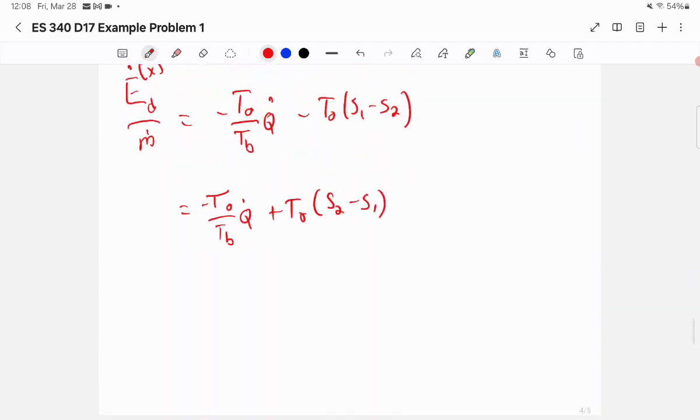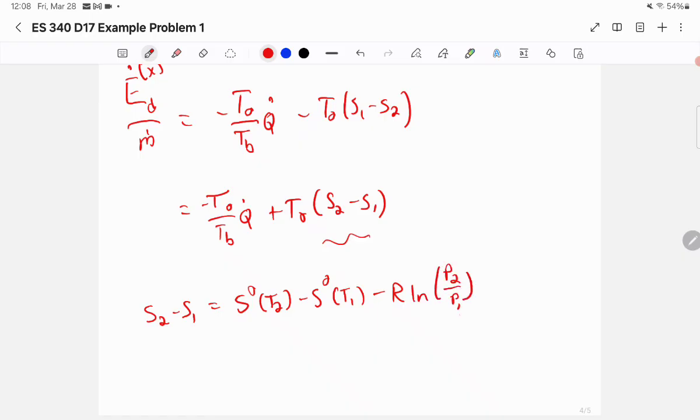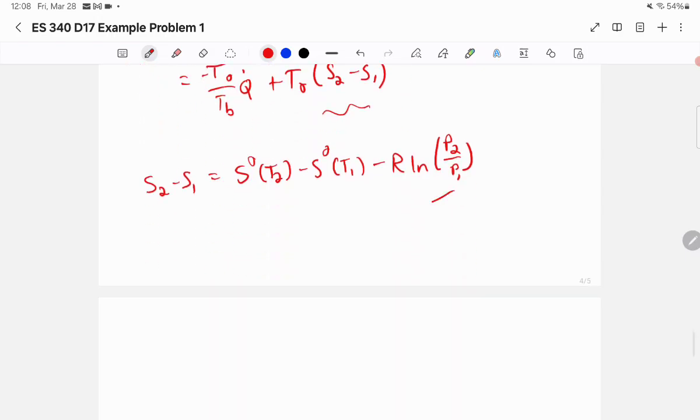Since air is an ideal gas, s2 minus s1 is going to be equal to s circle of T2 minus s circle of T1, minus R times the natural log of P2 over P1. So we can make this substitution in here.